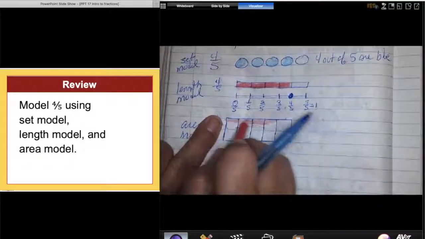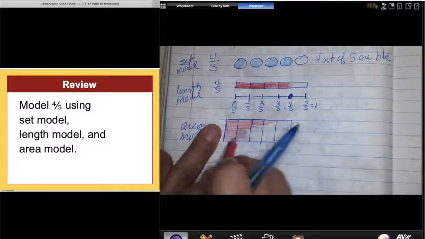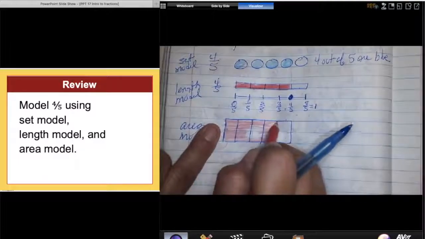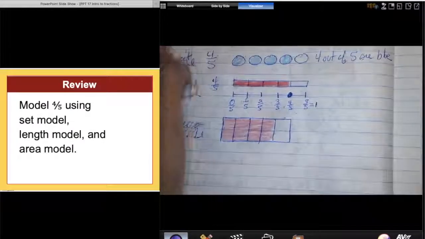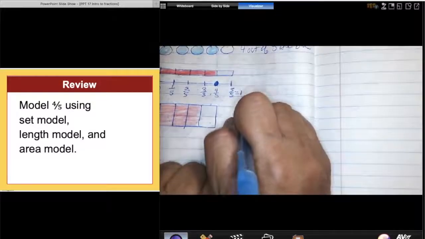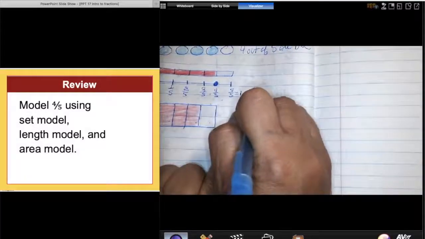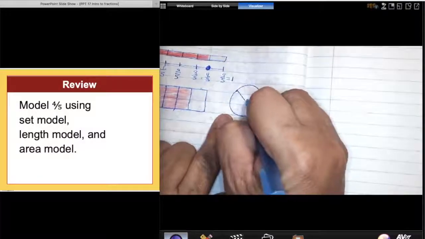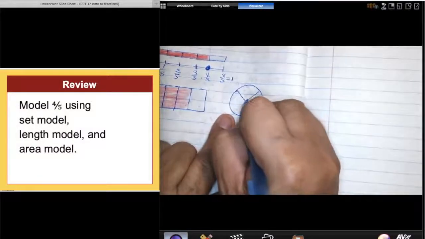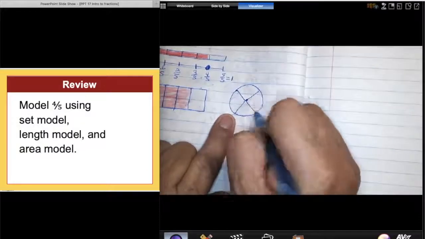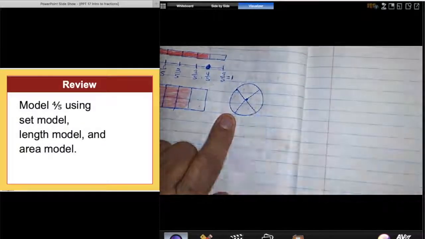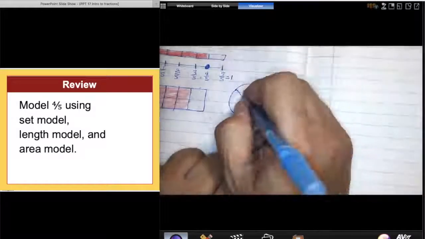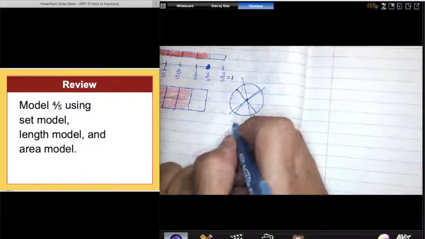Let's try drawing a circle. That was not going to be as easy. Let's see if we can draw a circle. Maybe in pencil. It looks like here's my center. No, I said draw it in pencil, right? Let's try it again.